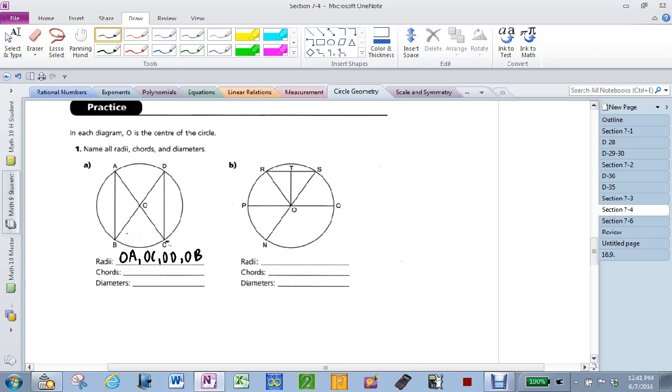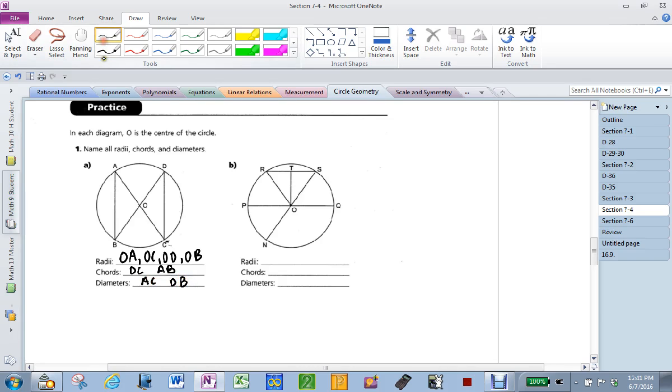Okay, what are the chords? Chords are tricky. What are the chords? DC and AB. Now, what are the diameters? AC and DB.